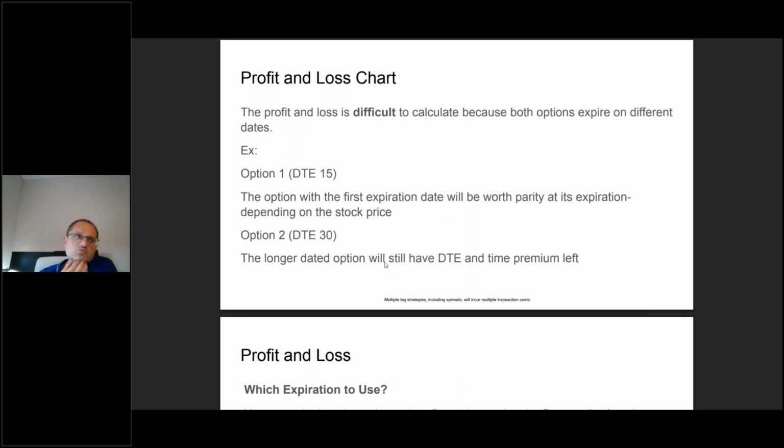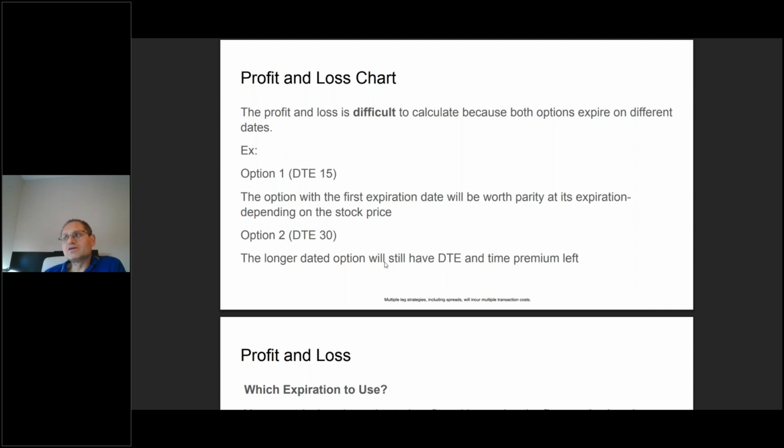Now for the profit and loss at expiration. When we look at option profit calculators, usually we ask, what is the potential profit and loss at expiration, if the stock is here, here, or here?